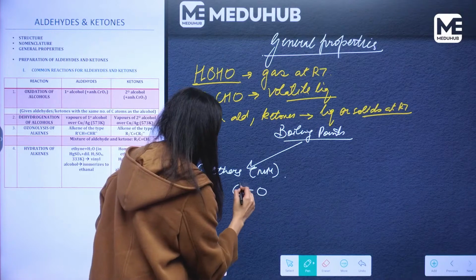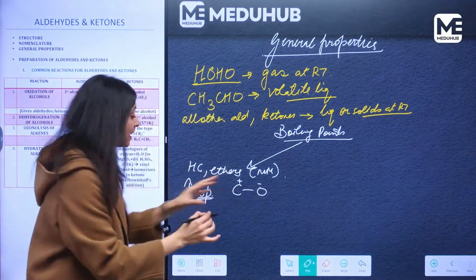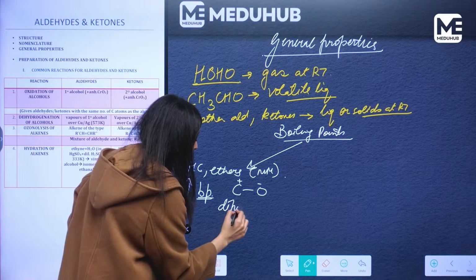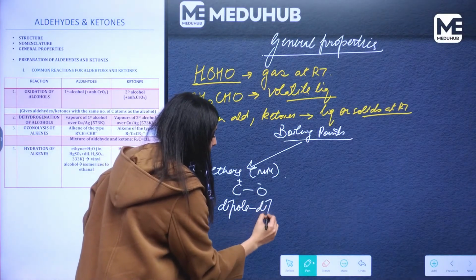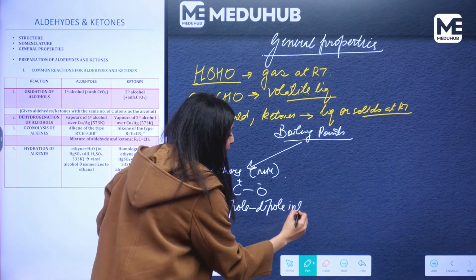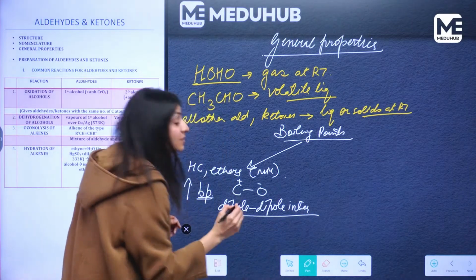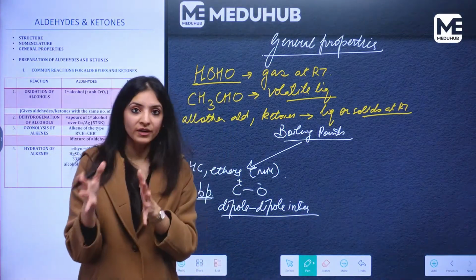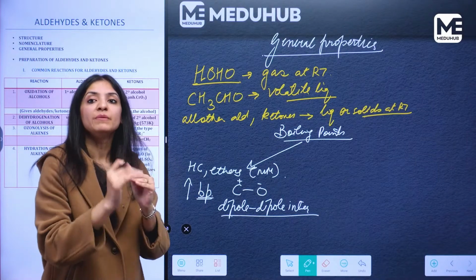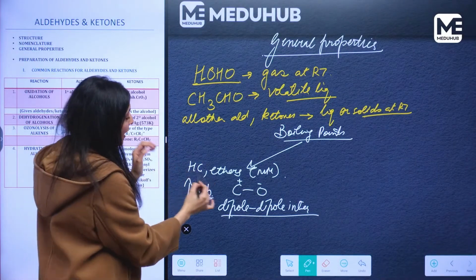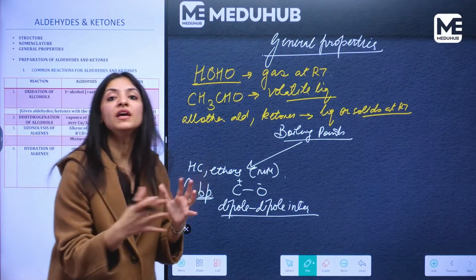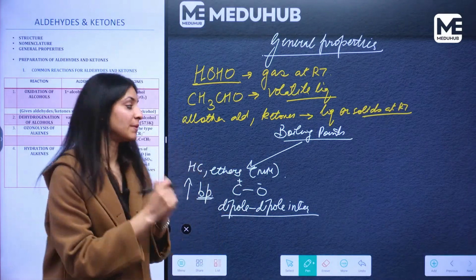Since this bond is dipolar, there are dipole-dipole interactions existing between molecules of aldehydes or ketones, which makes their boiling point higher compared to hydrocarbons or ethers, which only have weak van der Waals forces of attraction between them.